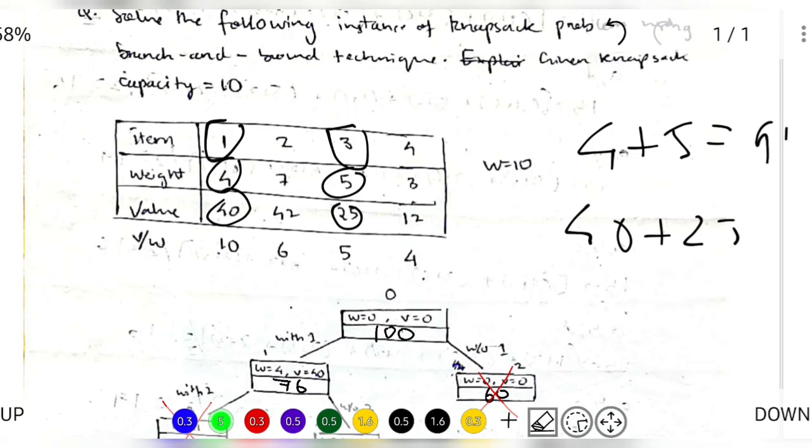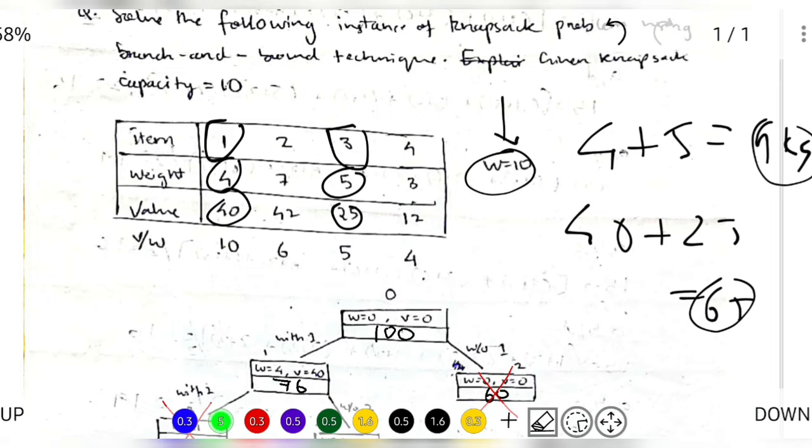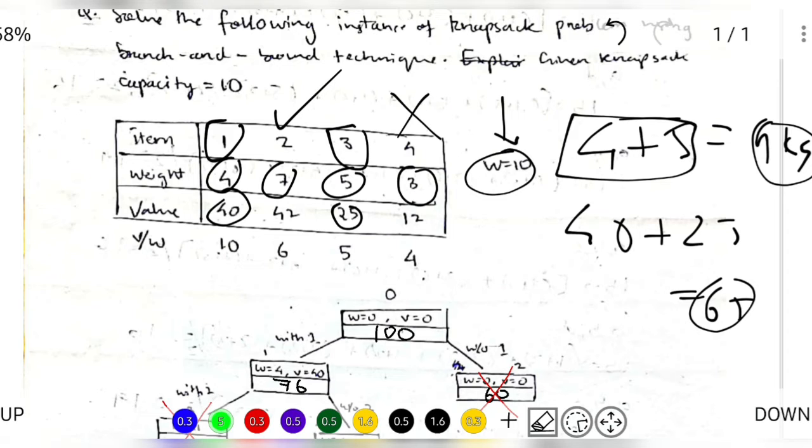So here the total is 9 kilogram and the total profit is 65. Observe here, the capacity is not full, but we have no other possibility, because only 9 kilogram we can fill by using these two objects, and any other object will not fulfill the criteria of 1 kilogram. Either we have to include the whole object or we have to not include it. So this is the maximum profit which you can get in the 1-0 knapsack problem.